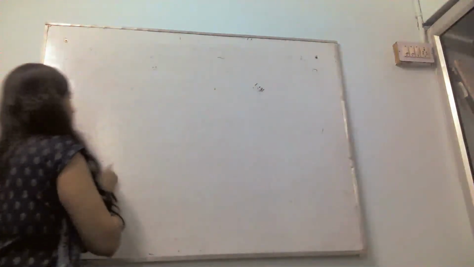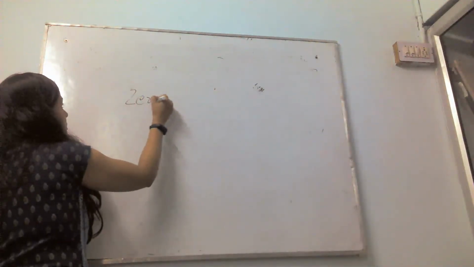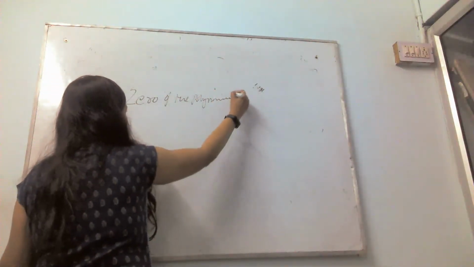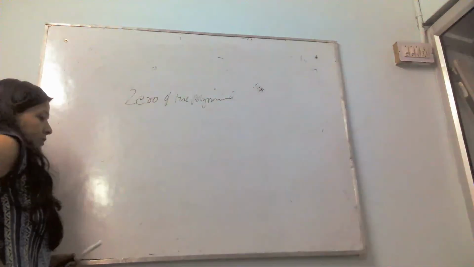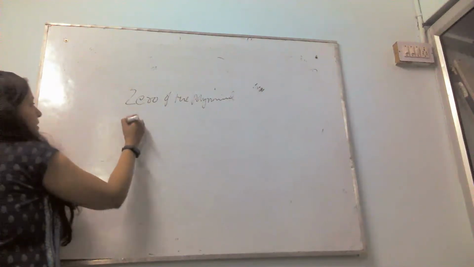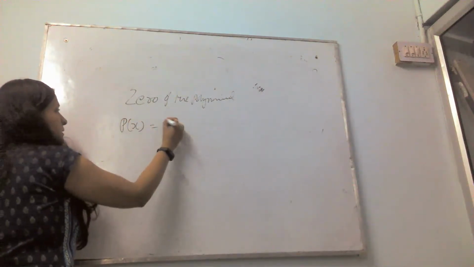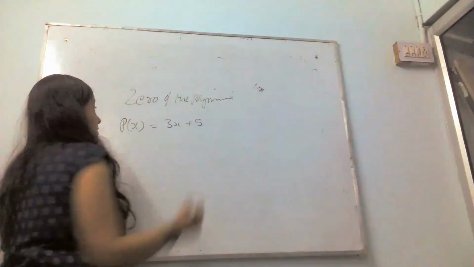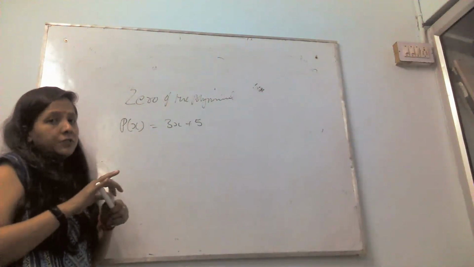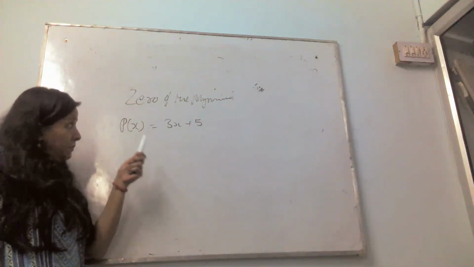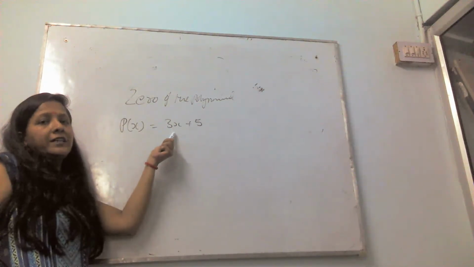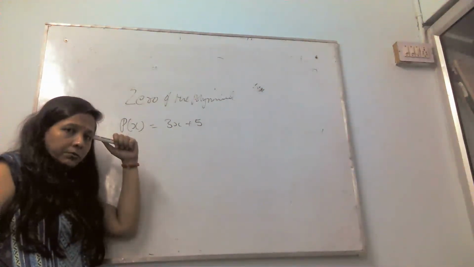As the term itself says, the zero of the polynomial means the value of the variable that makes the polynomial zero. That is called the zero of the polynomial.